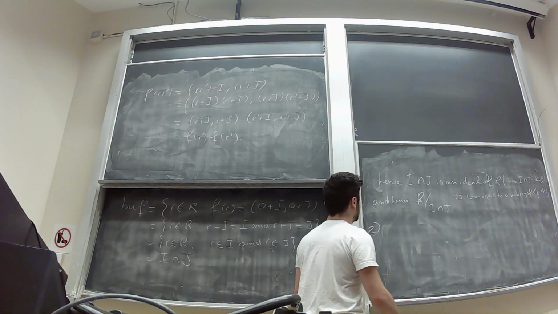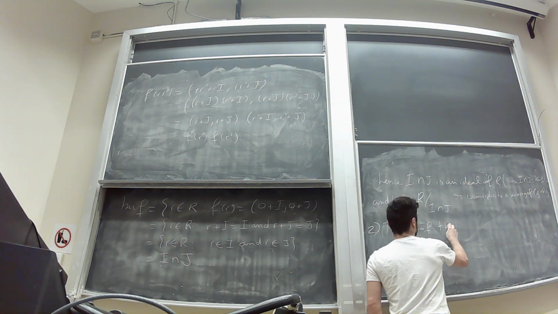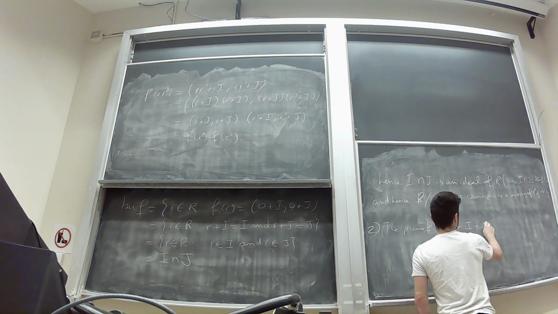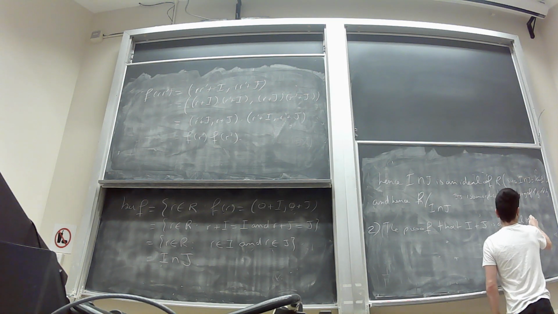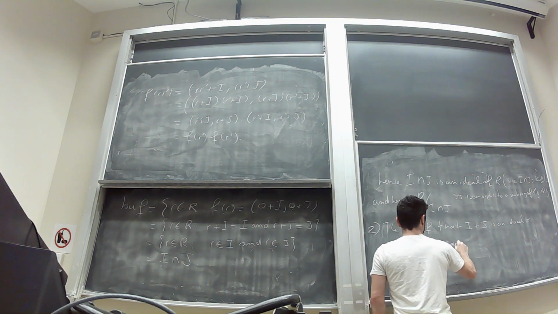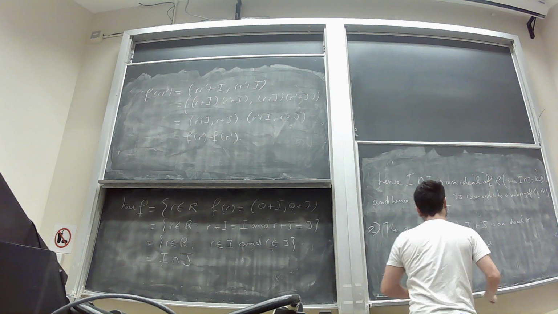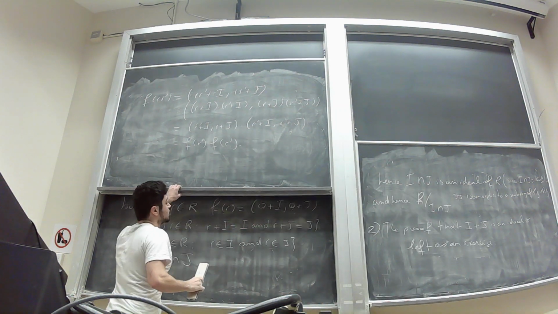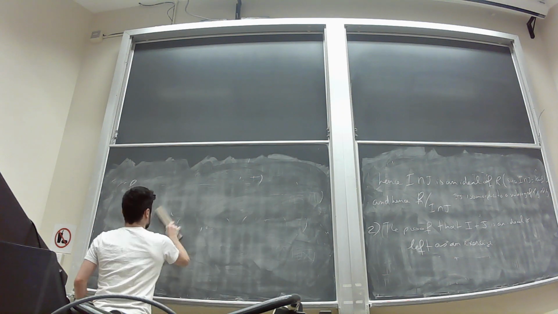Now let's look at 2. The proof that I plus J is an ideal is left as an exercise. Now we will show that f is surjective in that case.